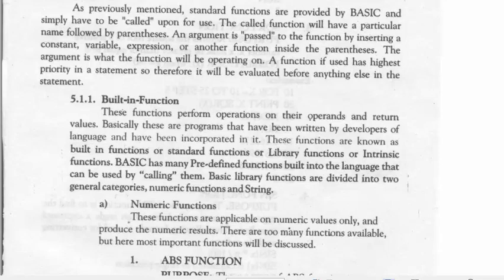The plus symbol, the subtraction symbol, multiplication symbol, the division symbol are known as operators, while the values that are used on the right and left side of an operator are called operands. Like a plus b. In a plus b, a and b are operands and plus is an operator.